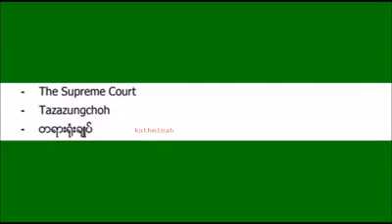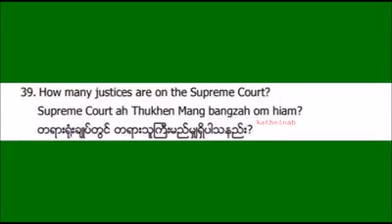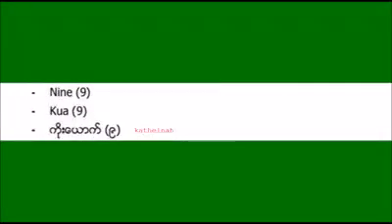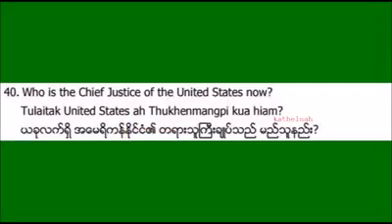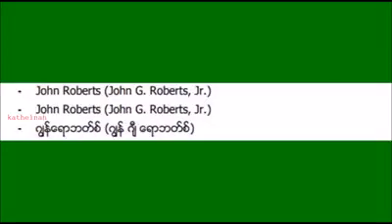The Supreme Court. How many justices are on the Supreme Court? 9. Who is the Chief Justice of the United States now? John Roberts. John G. Roberts, Jr.